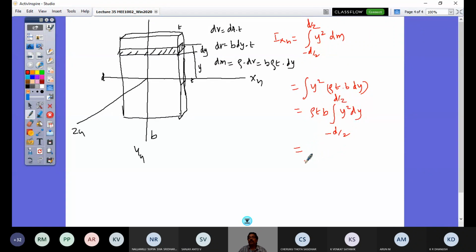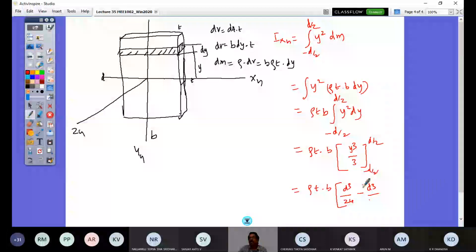So this is rho times t times b into y cubed by 3 from minus d by 2 to d by 2. I would have rho t b into d cubed by 8, divided by 3, so d cubed by 24, minus d cubed by minus 24. Minus of minus becomes plus, because it's a cube.